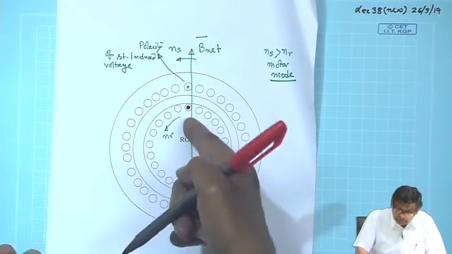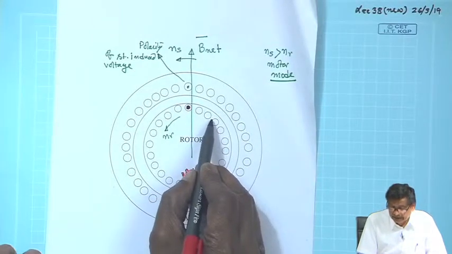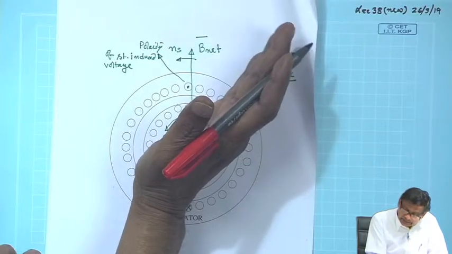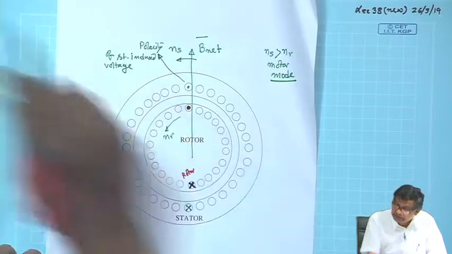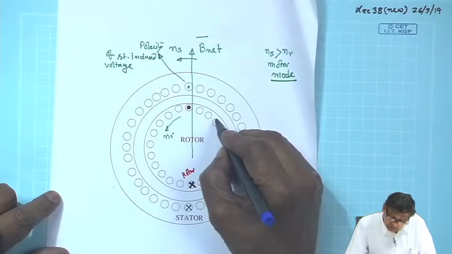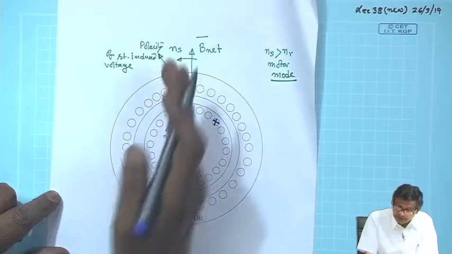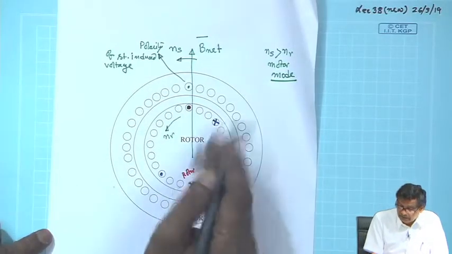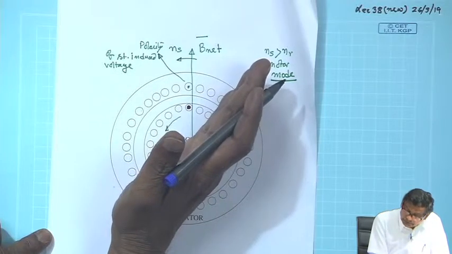But right at this point of time, some conductor here on the right has already seen maximum induced voltage occurring in it, and when it comes here, perhaps this conductor will carry the maximum current. So at this instant of time, whichever rotor conductor carries maximum current will be on the right, because this conductor has already seen the maximum induced voltage; it is lagging power factor.